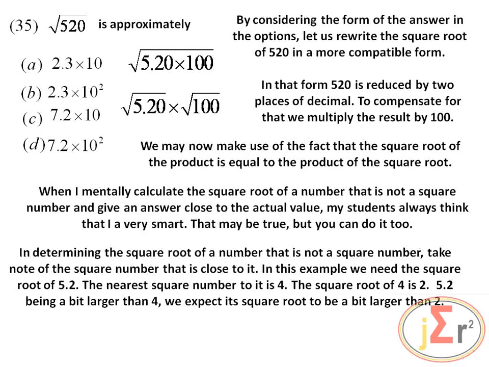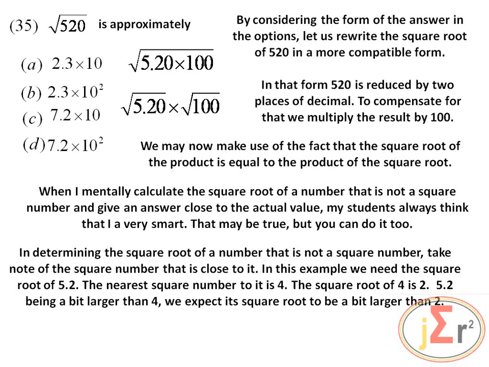In this example, we need the square root of 5.2. The nearest square number to it is 4. The square root of 4 is 2. 5.2 being a bit larger than 4, we expect its square root to be a bit larger than 2.